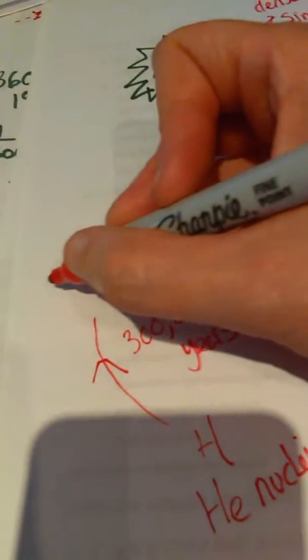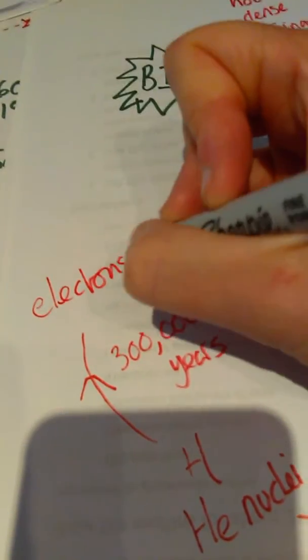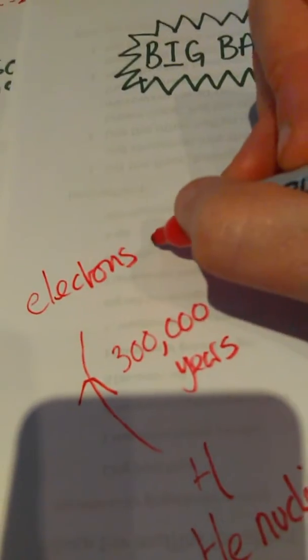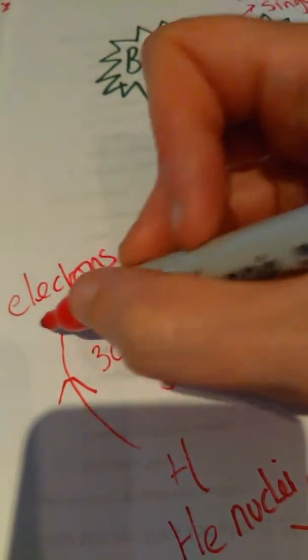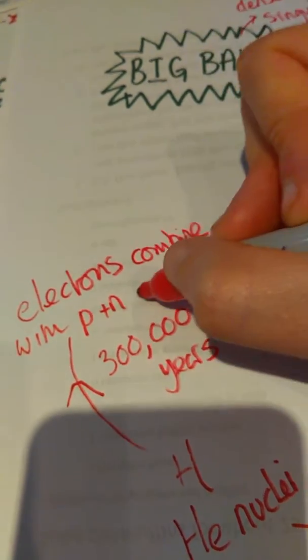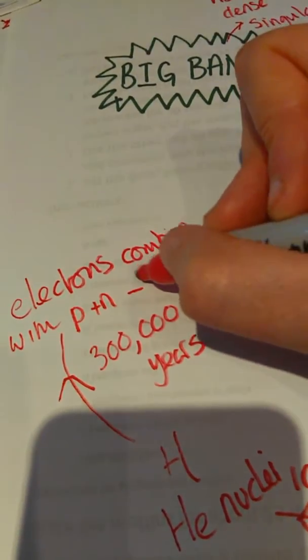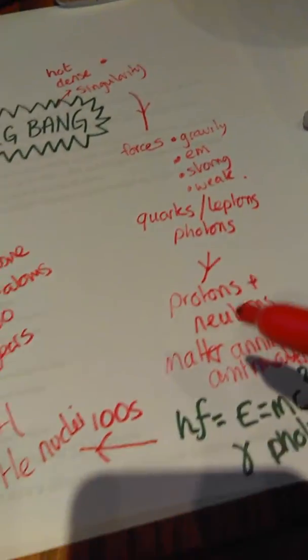So after 300,000 years, we've got electrons managing to combine with protons and neutrons, and what you get is atoms. So no atoms as such formed within all of this earlier time.